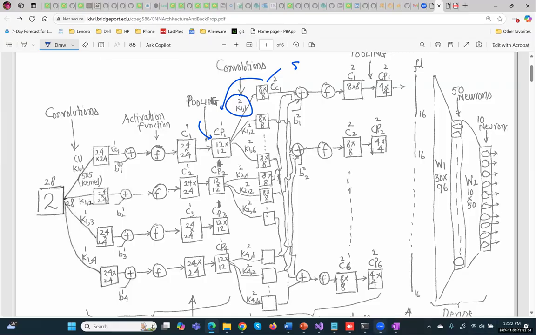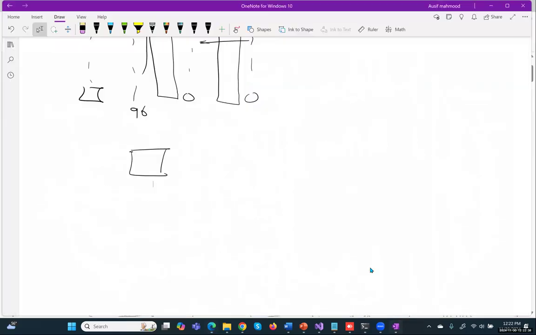The way, if you go through again the convolution math, the way it works is, so we have our scenario is 12 by 12. We are applying a convolution with a kernel 5 by 5. And what output do we produce? 12 minus 5 plus 1, 8 by 8, right?